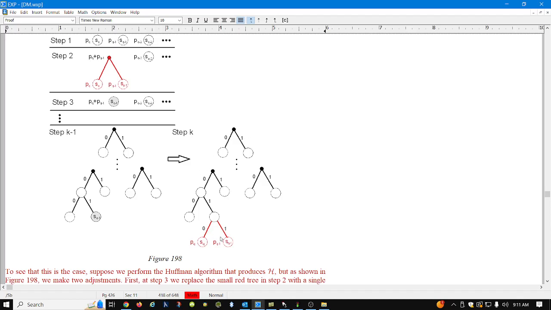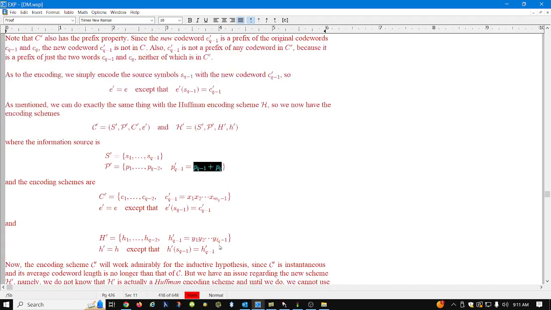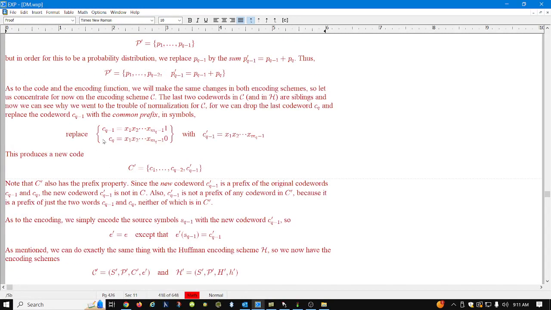This is the final Huffman tree for H, not H prime, for H. The code words down here are siblings. They look like the H version of these two.